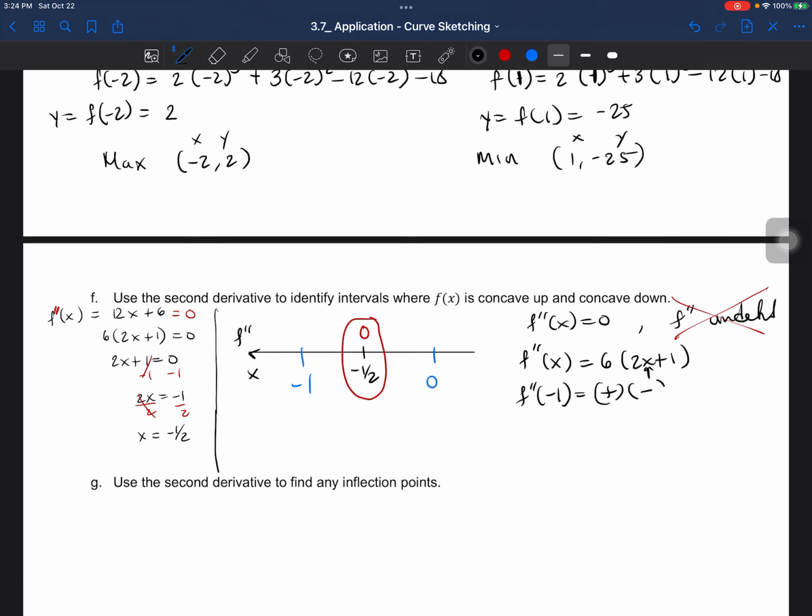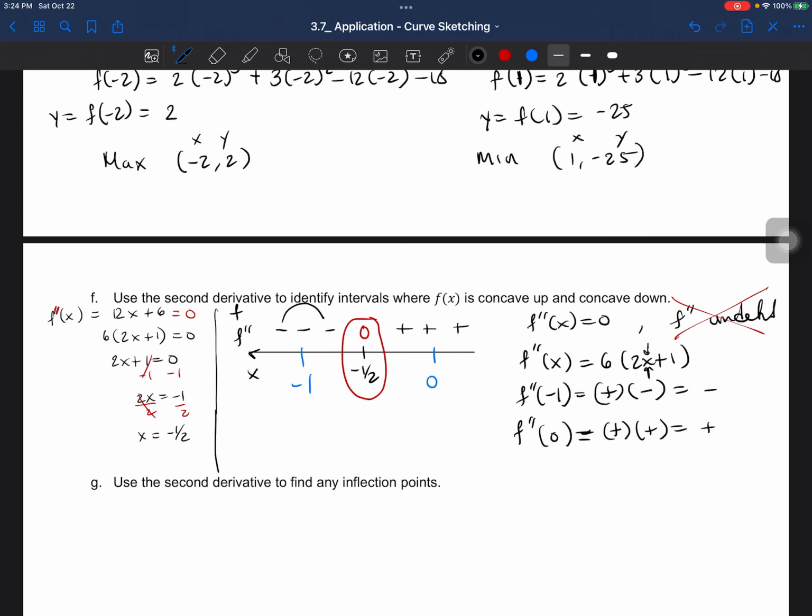When we plug in negative 1, we get negative 2, and negative 2 plus 1 is a negative number, so that gives us a negative number. When you plug in 0, we get positive, since 0 times 2 is 0, so plus 1 is positive. I'm just figuring out the sign value. Again, that's all we need to know: whether this is positive or negative. So we end up having negative and positive here.